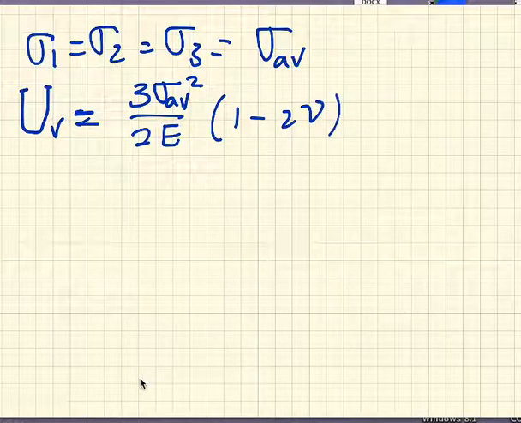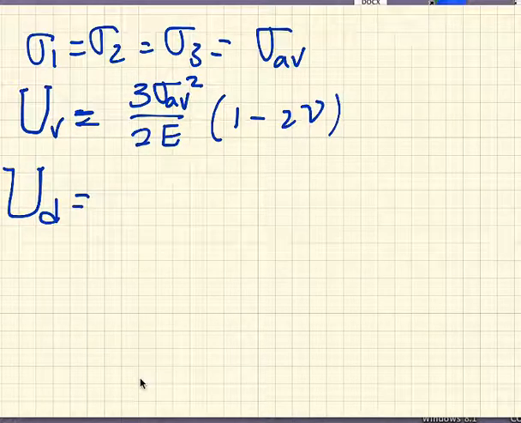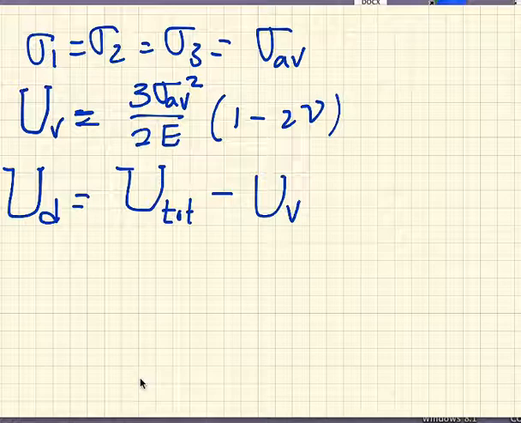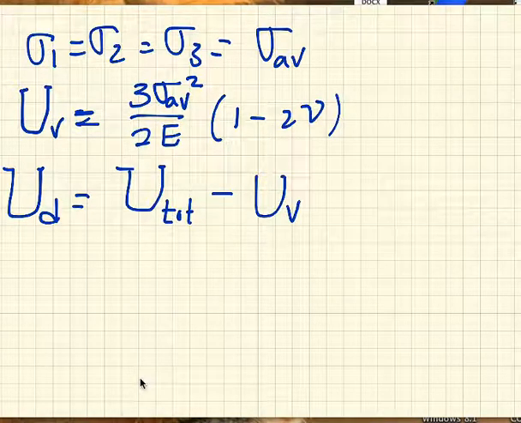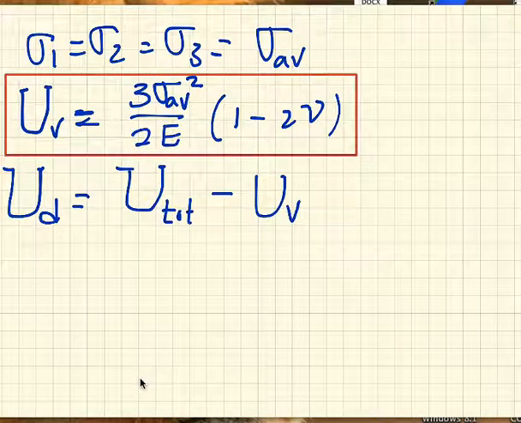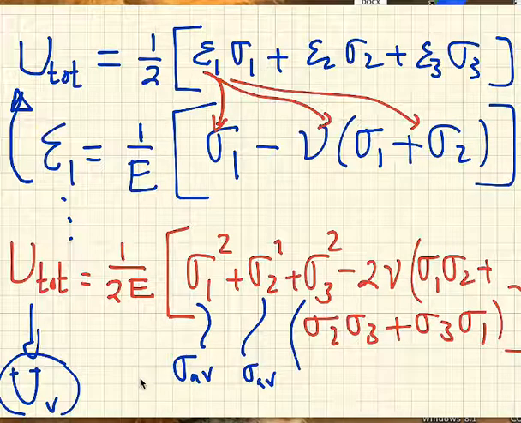Now, I'm not interested in that. I'm interested in U distortion, the distortion energy, which is the difference between the total that I found minus the volumetric. So I now have to consider two equations: one for the volumetric, which is right here, and the other for the total, which is right here.